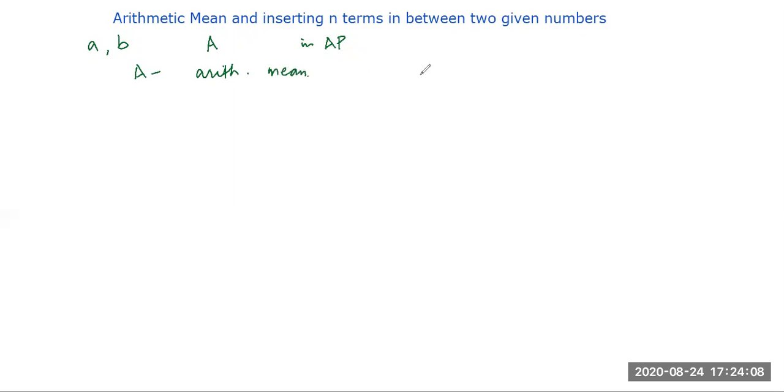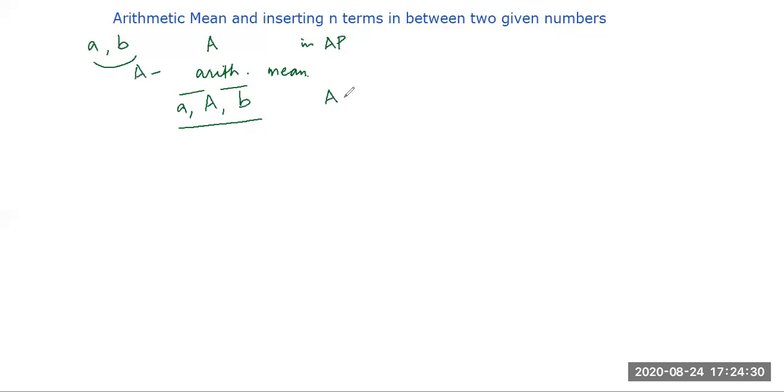So, another way you can say, let's say A and B are the two numbers we have already imagined. So, the resulting arithmetic progression would be A, A, and B. Now, this is in AP, so the common difference would be the same.